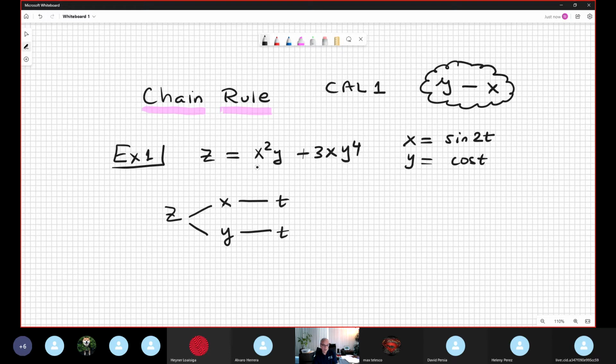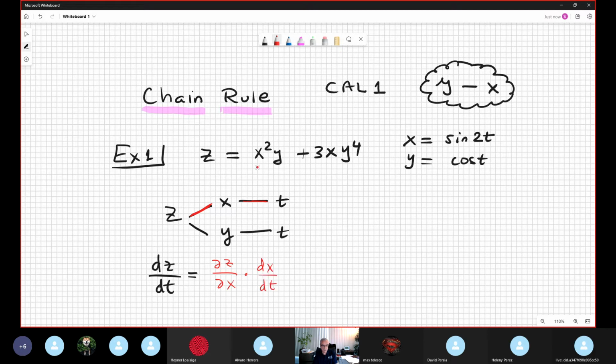Suppose I need to compute dz/dt. Professor, why do you use the ordinary derivative? Because it's the total derivative of z with respect to t in any direction. So you travel, for example, in this direction and this direction: partial z with respect to x times dx/dt.